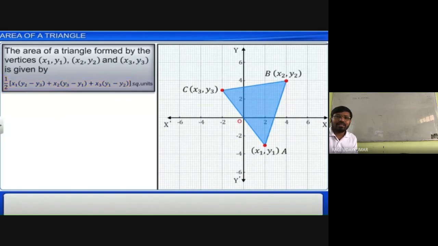So this is already there, but using matrix determinants also you can find this area of the triangle.